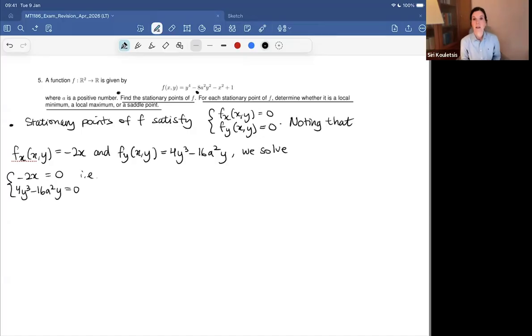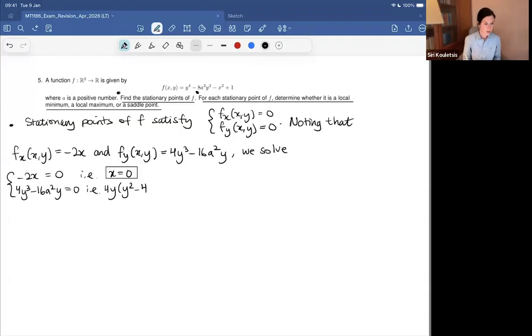These equations are actually independent of each other. The first equation tells us that x equals 0. And the second equation here, we take y common factor.